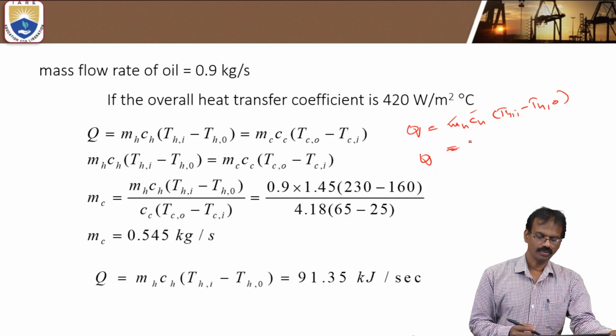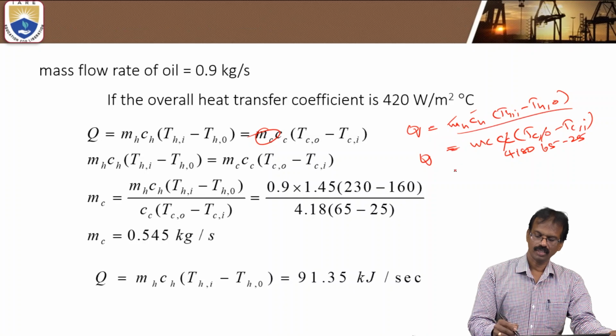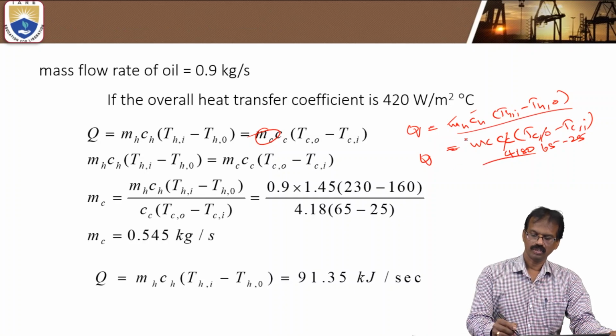So if you know that Q value, then you can find out the mC also, because Q is equal to mC CC into TC0 minus TCI. This is the formula. CC is 4180. Okay. So TC0 value, you know that one, that is 65 minus 25. So by equating this one, you can find out the mC.